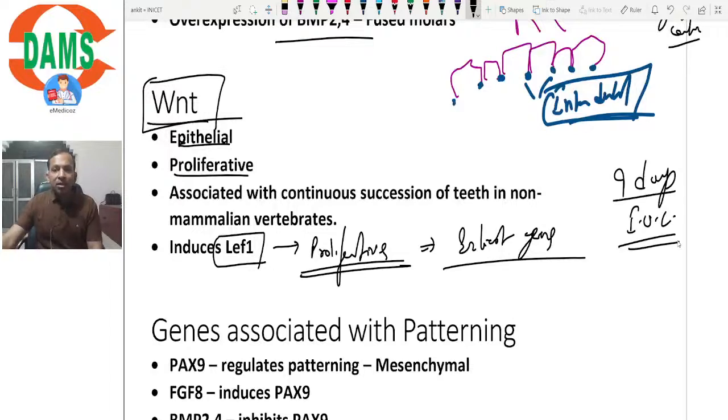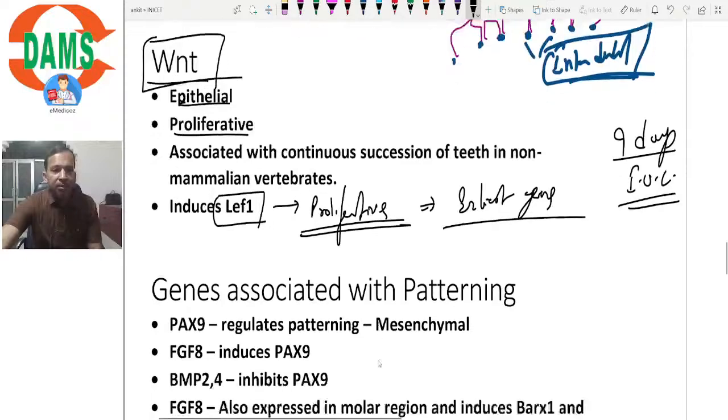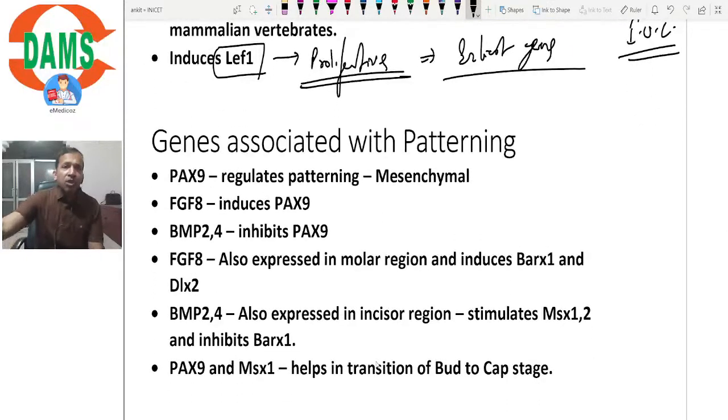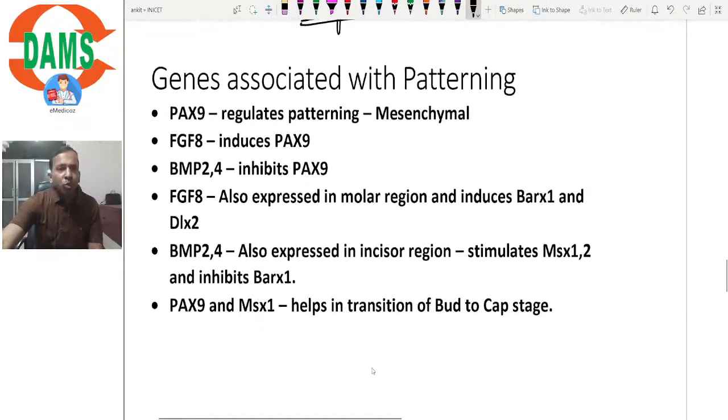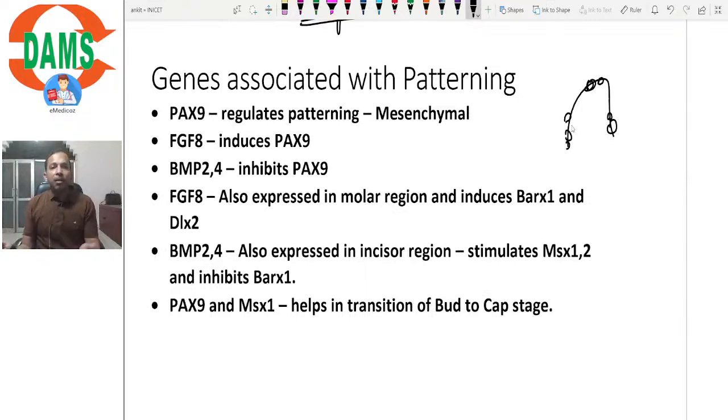LHX 6 and 7 and PAX9, right? So genes associated with patterning, as I just told you what patterning is. Patterning is the formation of correct tooth at the correct location. तो डेंटल आर्च है तो इसमें इंसाइजर्स आगे फॉर्म होने चाहिए, मोलर्स पीछे फॉर्म होने चाहिए, राइट? दैट इज पैटर्निंग. Now PAX9 is the primary regulator of patterning, but इस PAX9 को कौन रेगुलेट करता है?